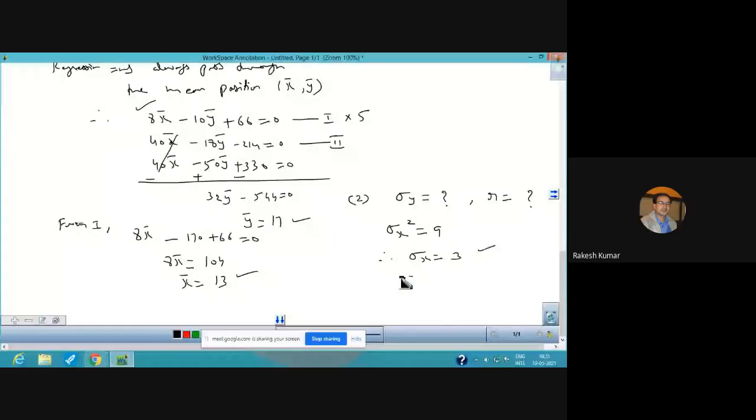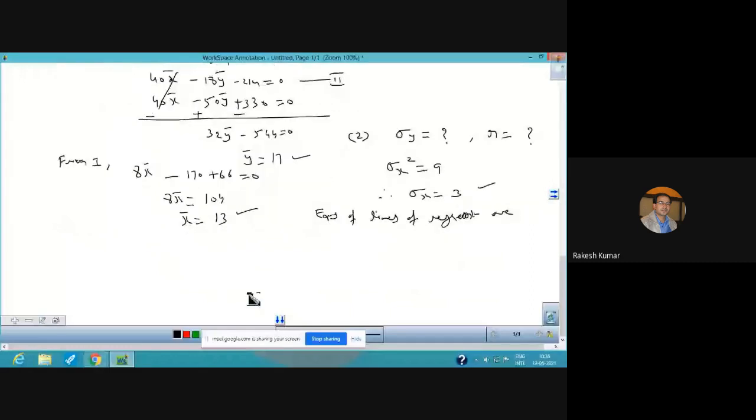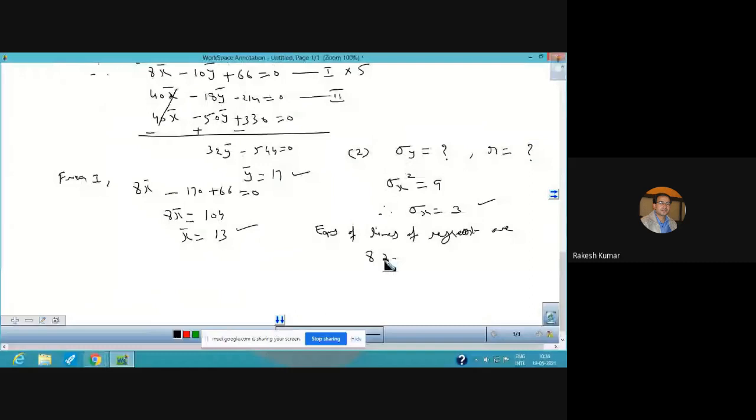The equations of lines of regression can be written. The first equation is 8x minus 10y plus 66 is equal to 0.